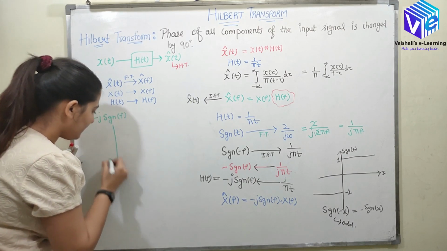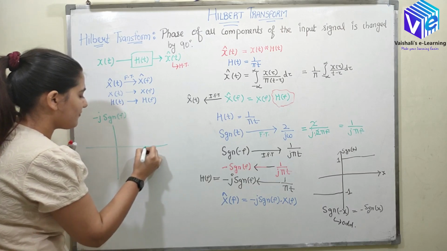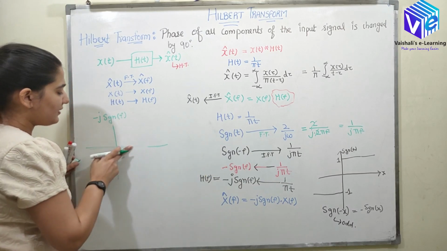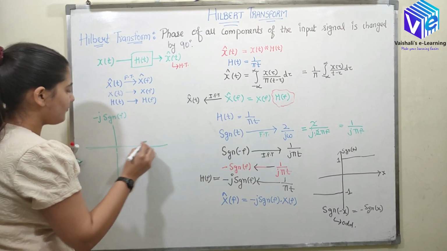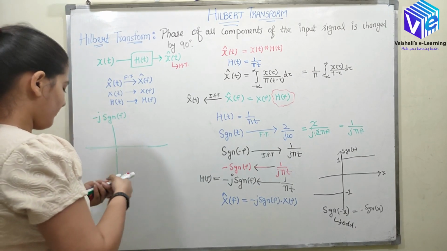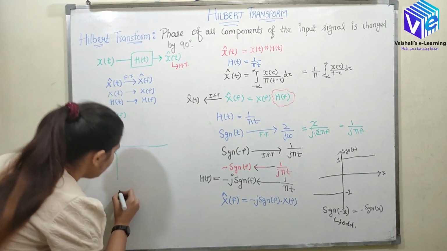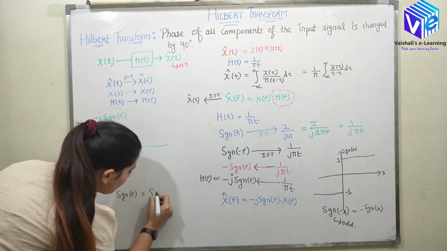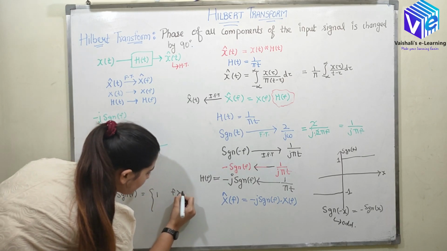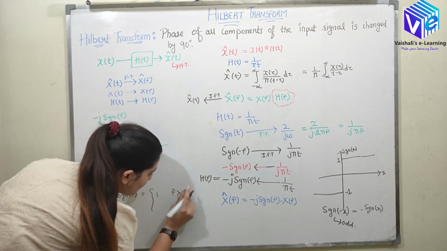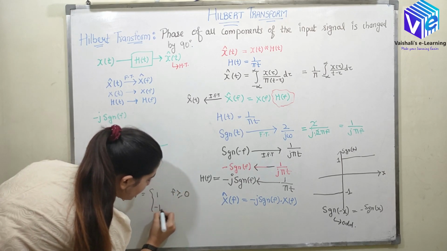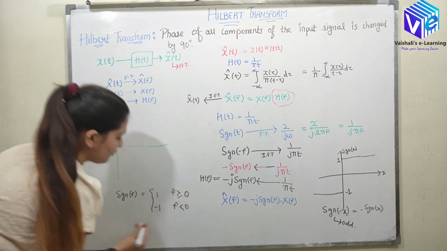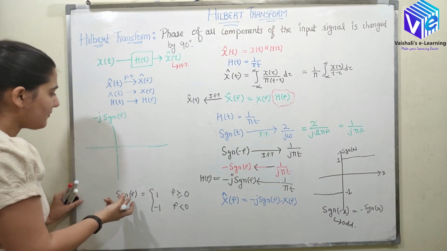If I plot the graph of signum of f, signum of f is equal to 1 when f is greater than or equal to 0, and minus 1 when f is less than 0. So this function represents signum of f.